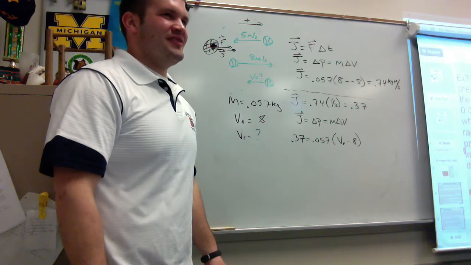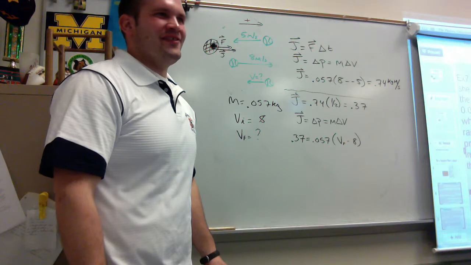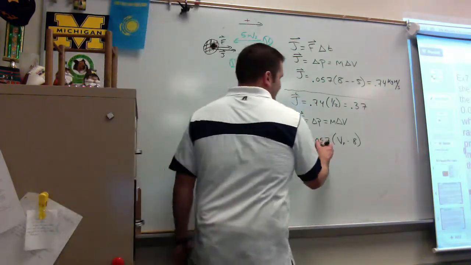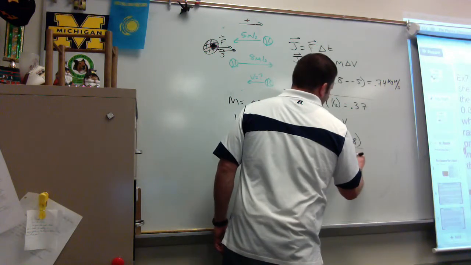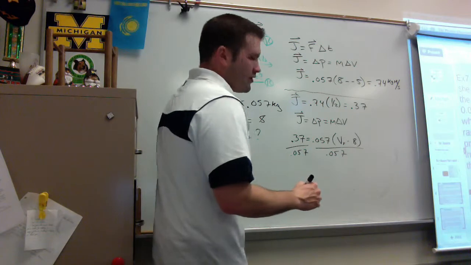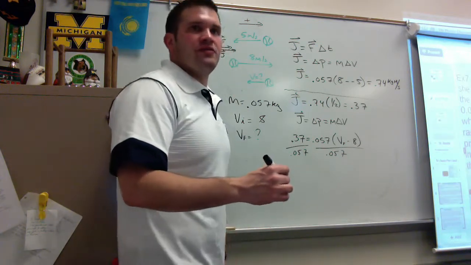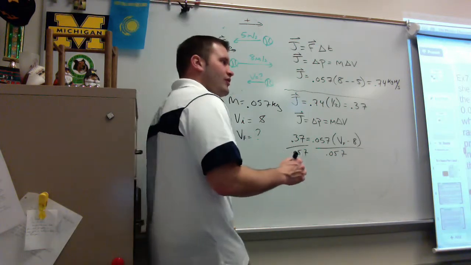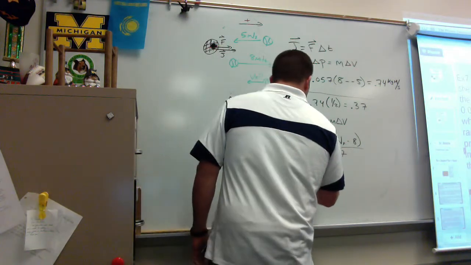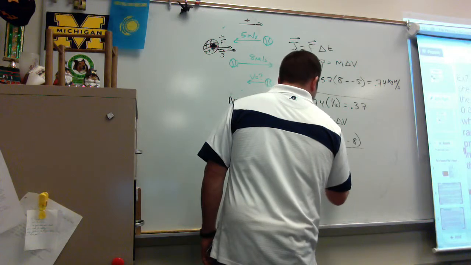We solve for VF, right? So we divide. 0.37 divided by 0.057. 6.5. Yes. Okay.